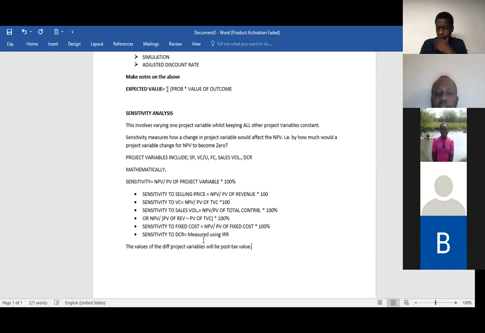So it will be after tax. So for example, instead of saying it that way, I'll say, that is, present value of variable times (1 minus t).